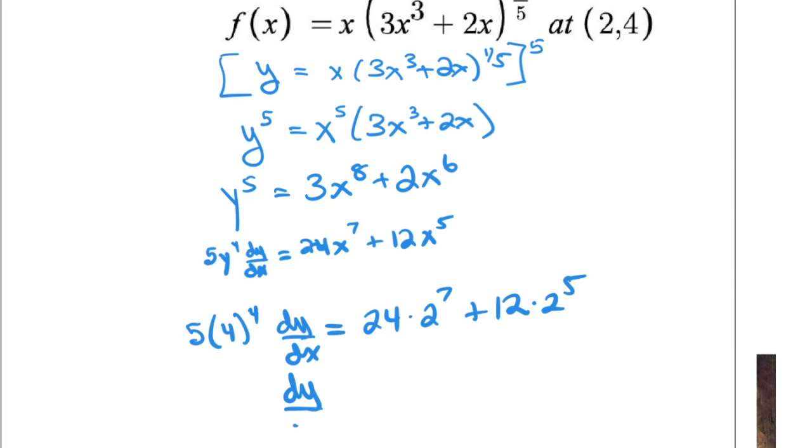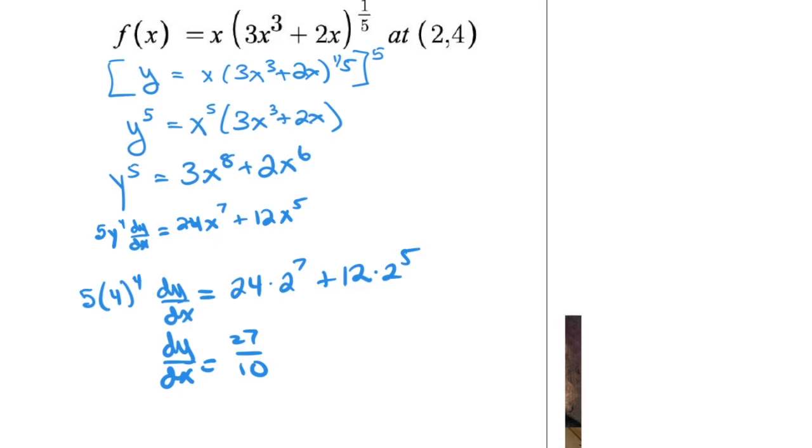And when you solve for dy dx, you're going to come up with 27 over 10. All right, now once you have your dy dx, you can finish the problem. You get y minus 4 equals your 27 over 10 times (x minus 2), and then you are all set.